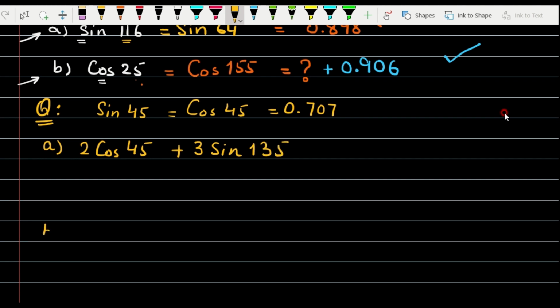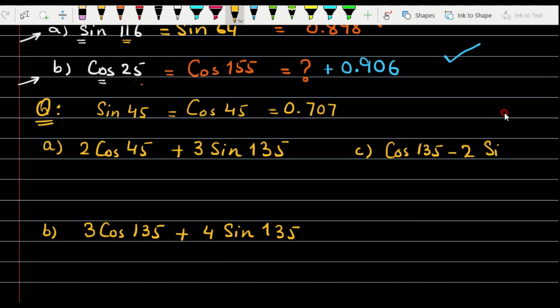Or even I have another example. Second part of it is we have to write 3 times cos 135 plus 4 times sine 135. And C part also here, that is cos 135 minus 2 times sine 45.